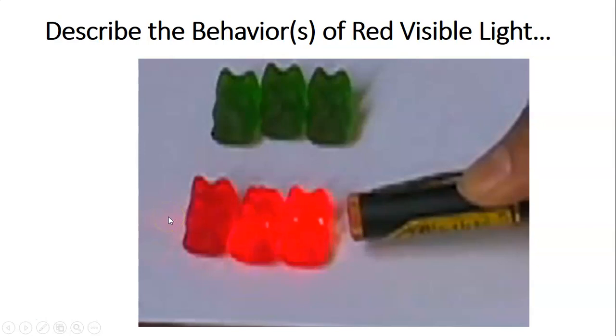Another piece of evidence that light is transmitting through the gummy bears is that the gummy bears are glowing in red because your light source is red visible light only, and it's transferring through and illuminating the red gummy bears. However, I'm going to argue that light is also reflecting. And the evidence of that are these 3 white dots.